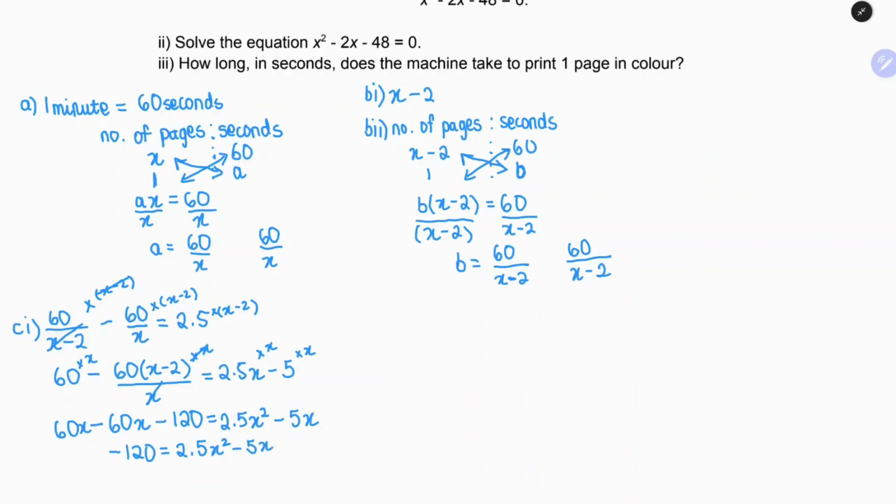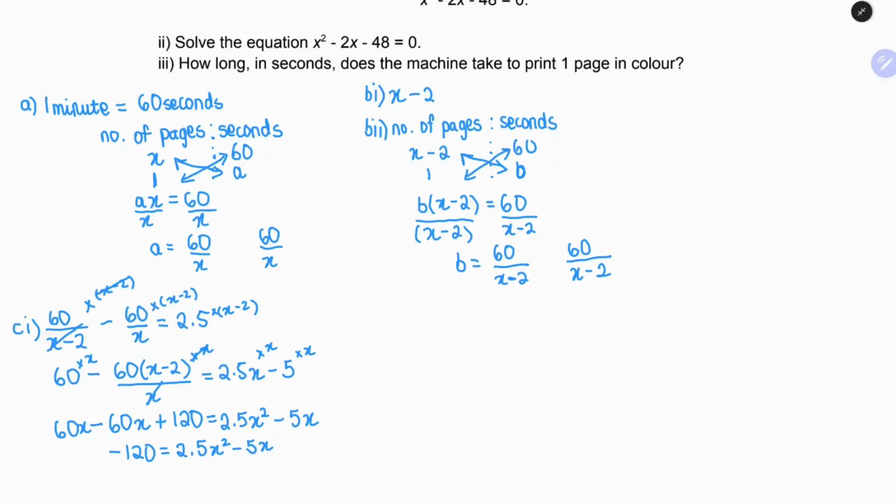Oh, and I actually made another mistake here, of which minus 60 times minus 2 is supposed to give us positive 120. I can already see that if I had reduced it further, it wouldn't have given me the same thing. So please always check for any mistakes that you can make, because it's very easy to make mistakes like that.